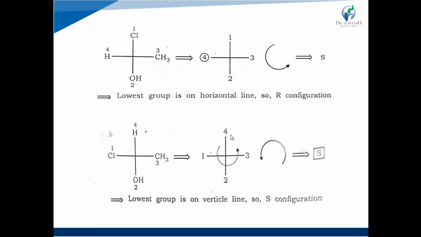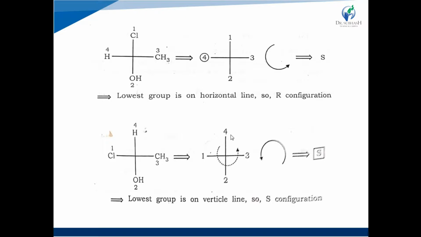See the second example of the same molecule and another enantiomer. Chlorine is on first priority, OH group is on second priority, CH3 group is on third priority, and the hydrogen atom is on fourth priority, right? When this numerical priority is given and we draw the arrow from 1, 2 and 3 to connect these priority groups, then it is the left side or anti-clockwise, right?